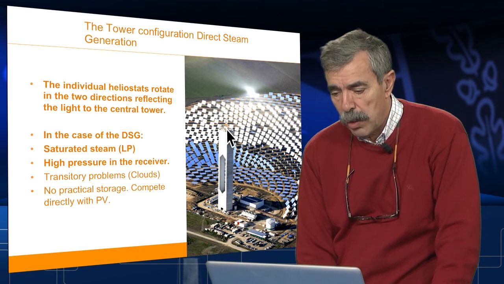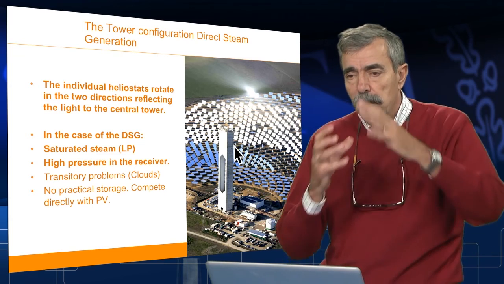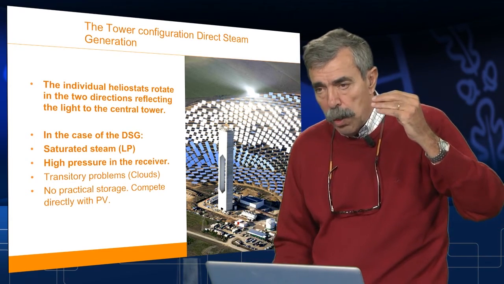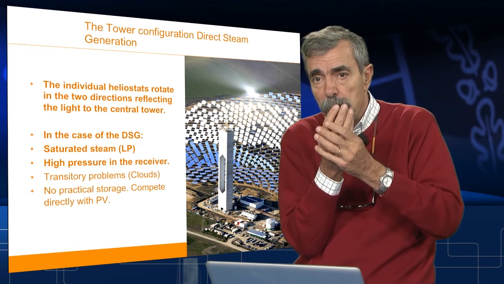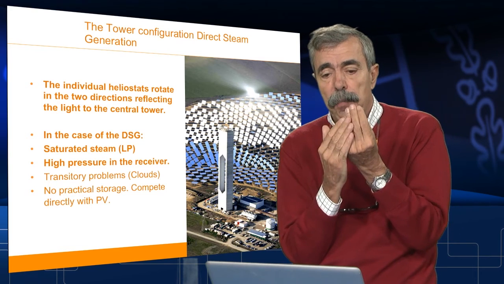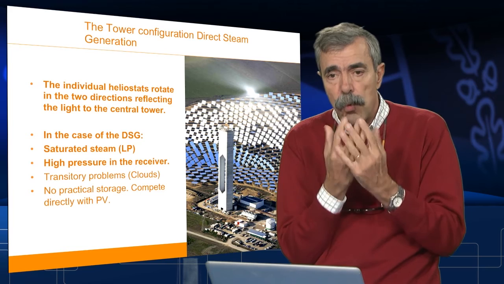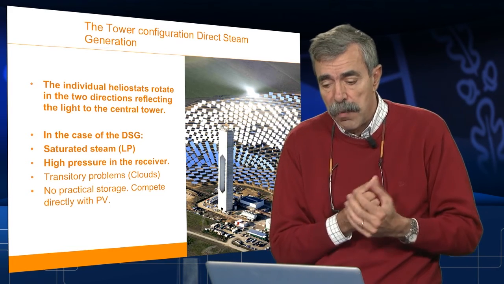Well, once you have the accumulation of energy at the top of this tower, there you have a receiver, and a receiver is like a radiator. You are passing water through the radiator internally, through the tubes of the radiator. The external part of the radiator receives the solar energy, and obviously the water will become steam, high pressure steam in fact.